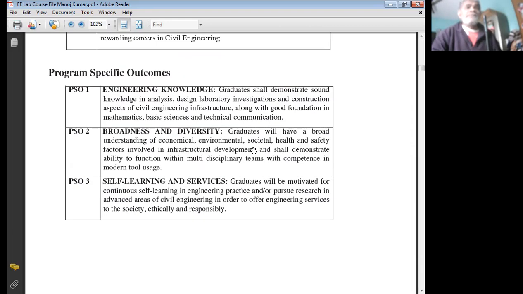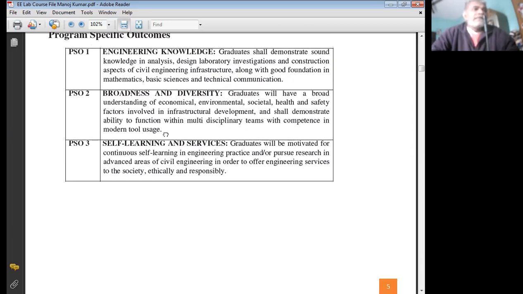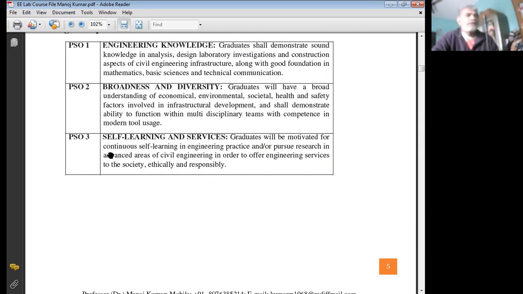Broadness and diversity: graduates will have a broad understanding of economic, environmental, societal, health and safety factors involved in infrastructure development and shall demonstrate ability to function within multidisciplinary teams with competence in modern tool usage.